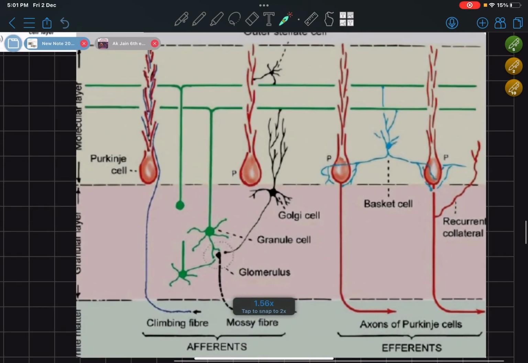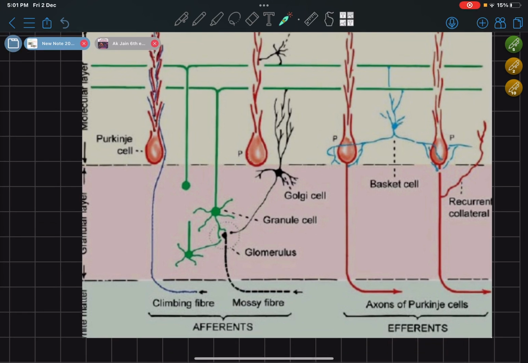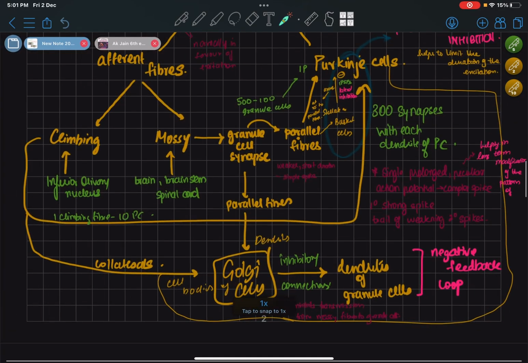So here you can see the climbing fiber supplying the deep cerebellar nuclei, then supplying the dendrites, and then there will be a collateral to the Golgi cell. Done.